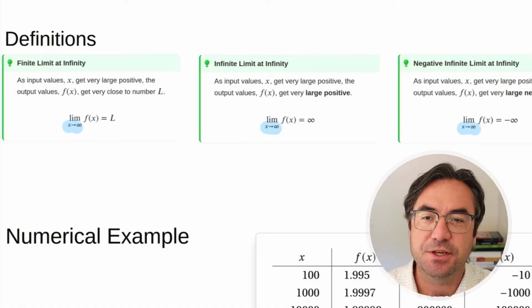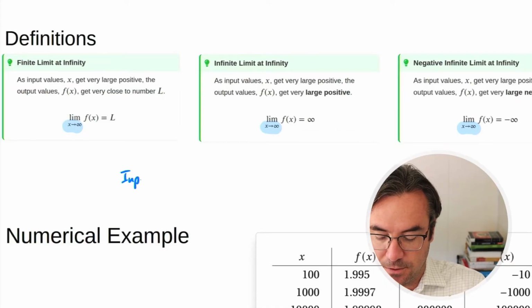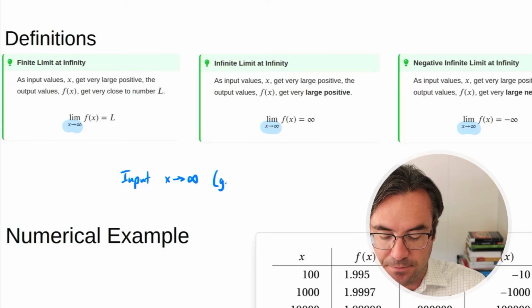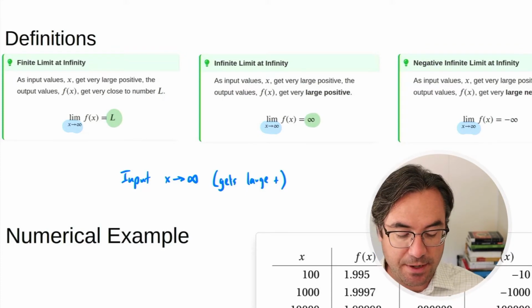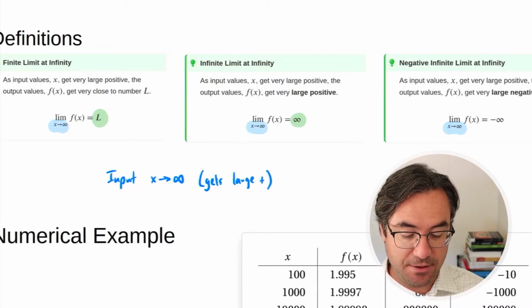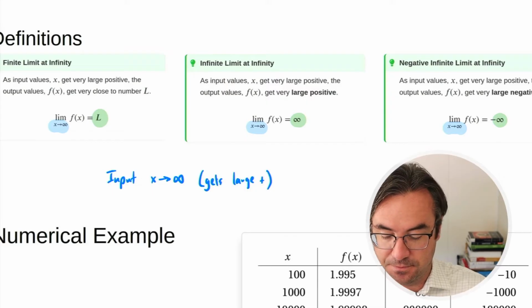In each of these, the input x is going to infinity, gets large positive. And the result of our limit is describing the output of our function.